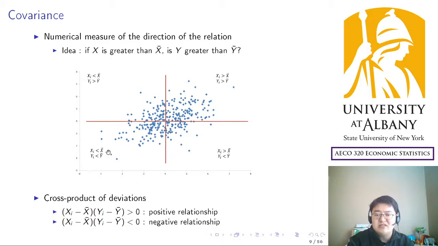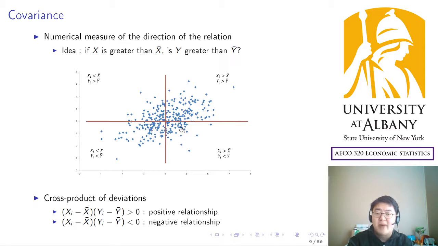So these observations imply x decreased and y decreased at the same time. So again, the first quadrant and the third quadrant imply that the trend line is likely to be upward sloping. If more observations are there, then it will be upward sloping.